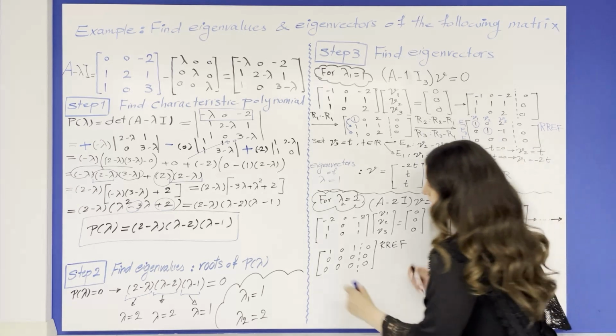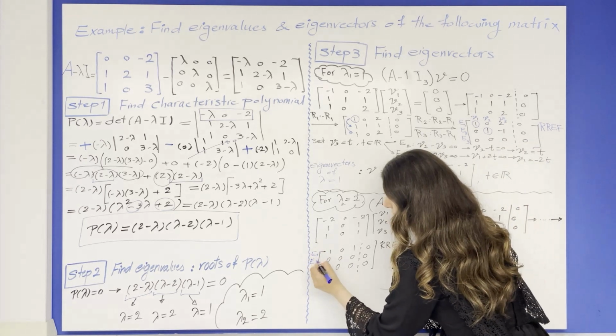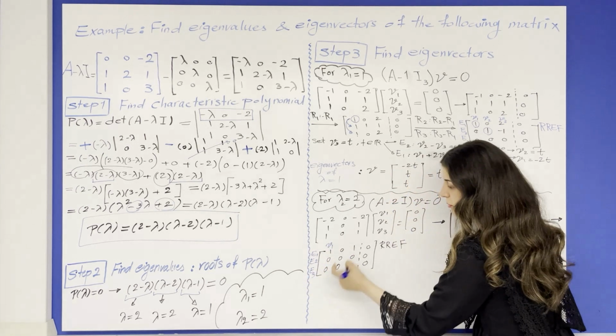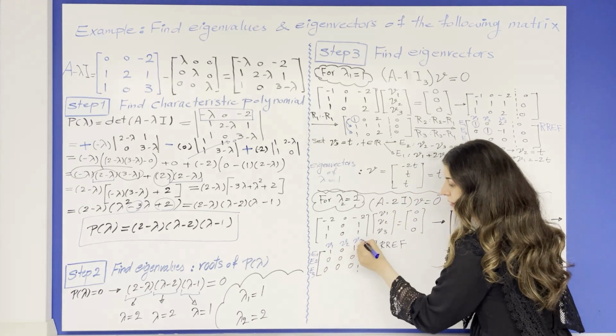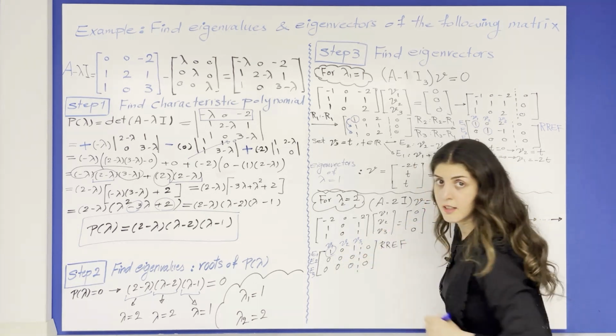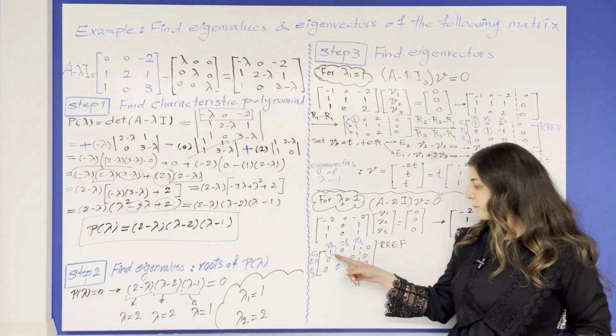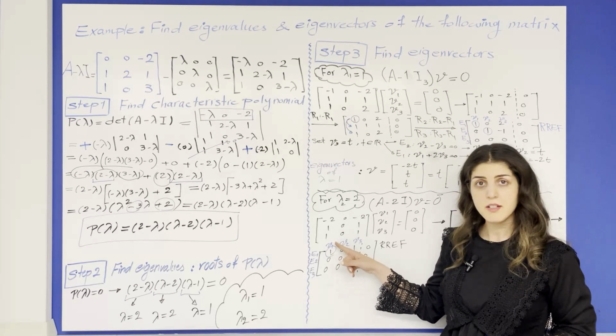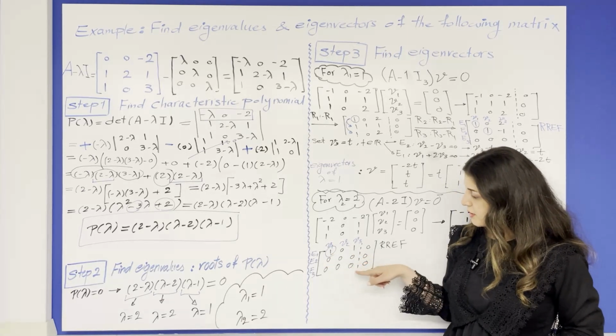Okay. Rows correspond to equation 1, equation 2, equation 3. Columns correspond to V1, V2, V3. And here, this is the leading entry of the first row, which corresponds to V1. Look at row 2 and row 3. They're all 0.